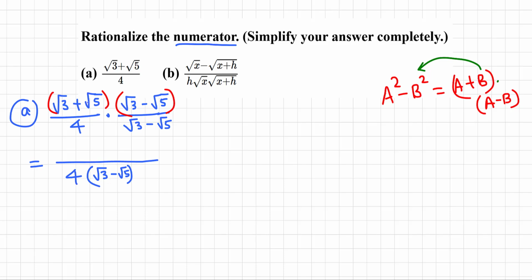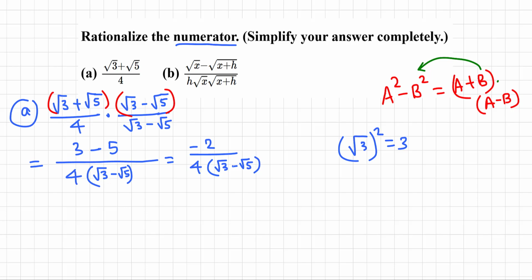So root 3 times root 3, root 3 squared, is 3. Minus, the middle two terms cancel, we don't have to bother. Last, root 5 times root 5 is root 5 squared, which is 5. And 3 minus 5, because we can subtract, is negative 2, over 4 times root 3 minus root 5.